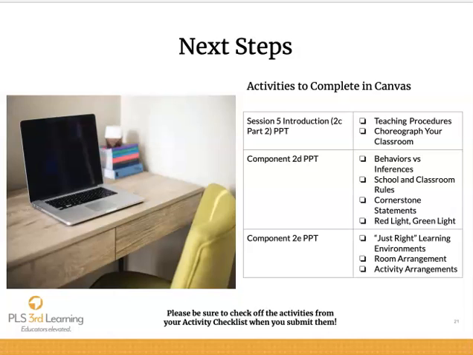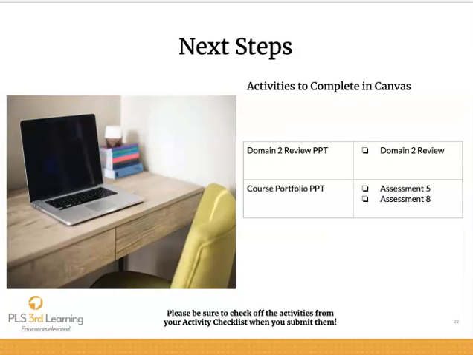The third video will explain Component 2E and how the classroom environment can contribute to student engagement. The fourth video will review all components of Domain 2. And finally, we will be introduced to Assessments 5 and 8 in the course portfolio.